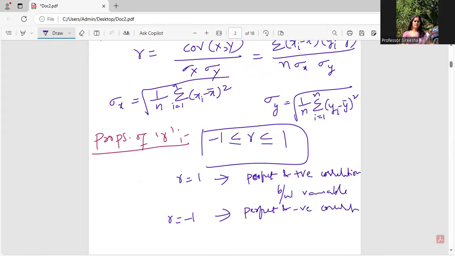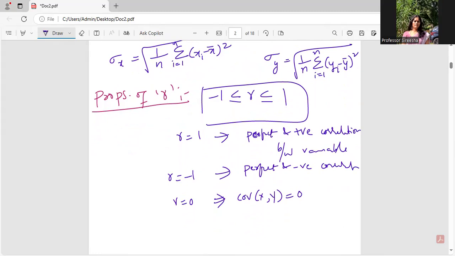Okay. If r is equal to 0, then no relationship. If r is equal to 0, that means obviously the numerator is 0. Numerator is covariance, right? Covariance is 0. That means what? Variables are independent. No relation between x and y. I will write here because we are talking about two variables here.